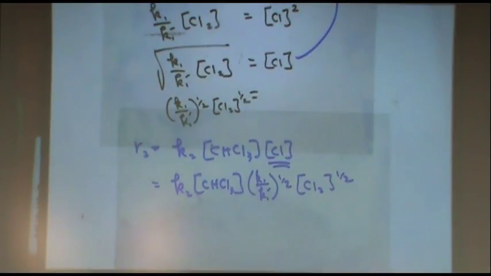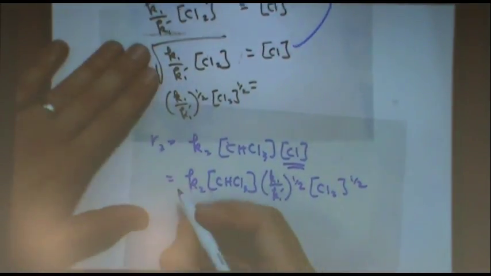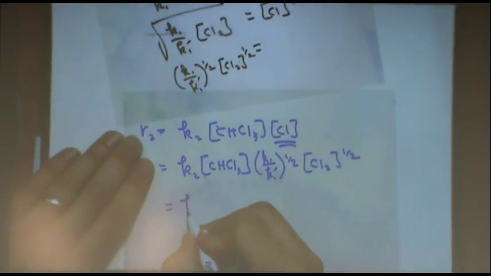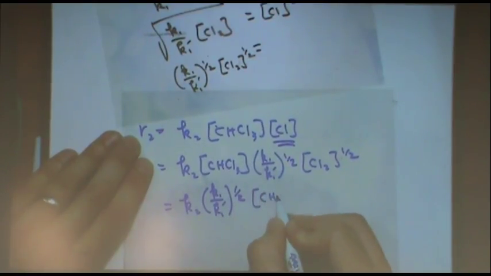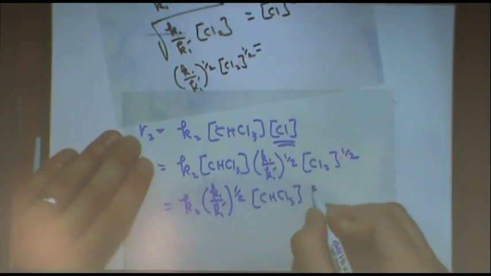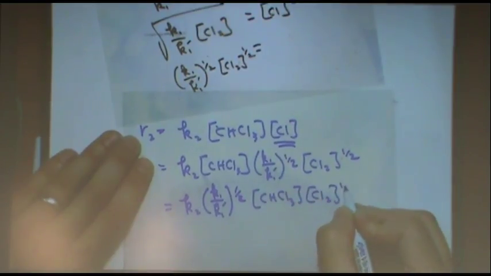Now it's convention to put all the K's first and then all the concentrations second. So let's do that. K2 times K1 over K1 reverse to the 1/2 times CHCl3 Cl2.